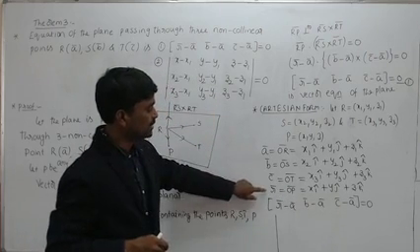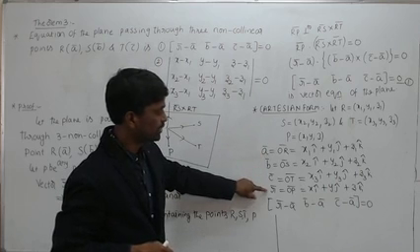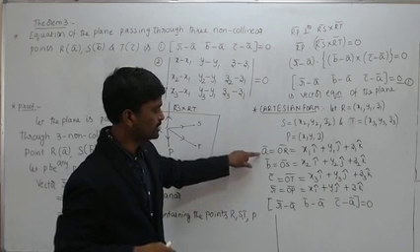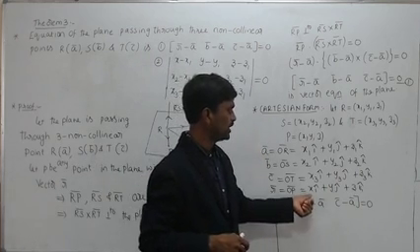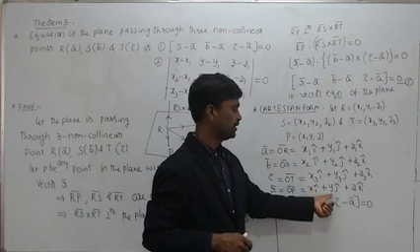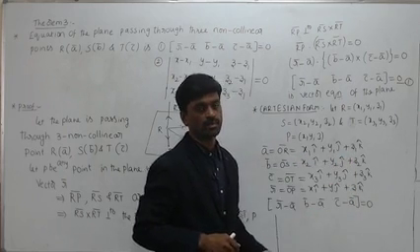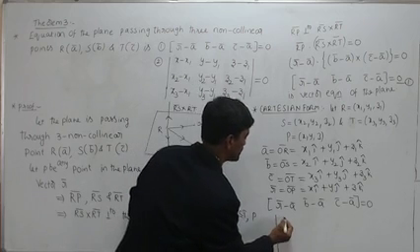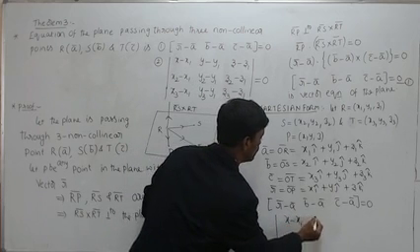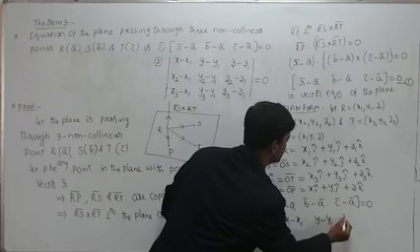So this is R bar, this is A bar. If you do R minus A, what are the components? x minus x1 i cap, y minus y1 j cap, z minus z1 k cap. So the components are x minus x1, y minus y1, z minus z1.